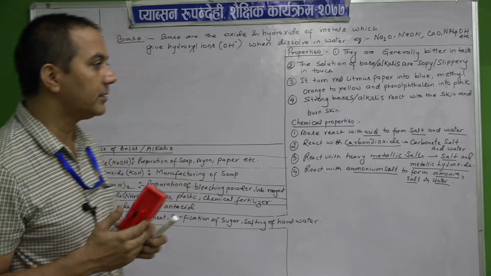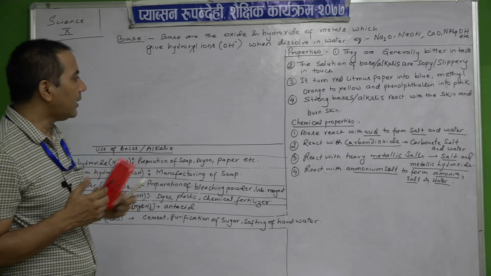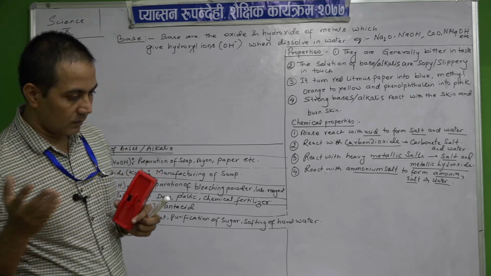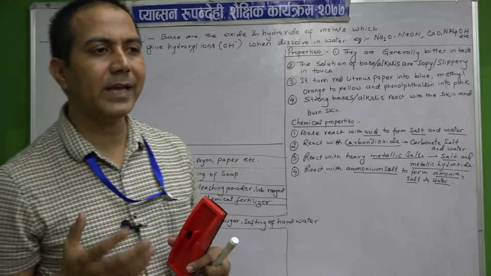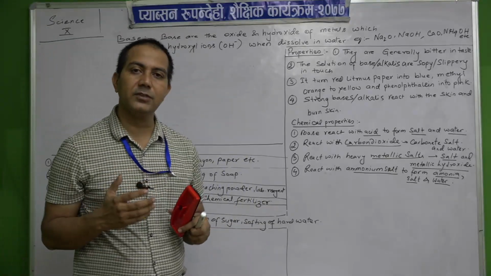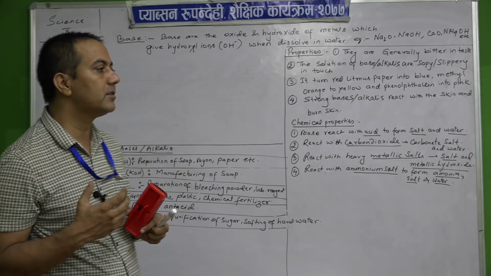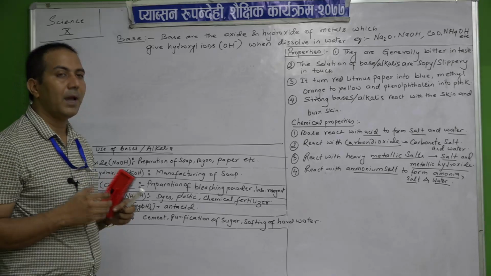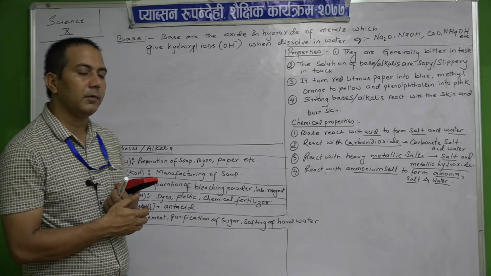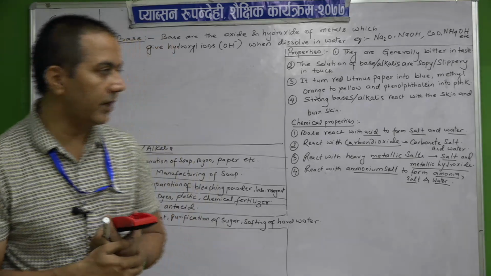So by that we can say it is a base. The next one is that strong bases, when they react with our skin, burn it. Acids also burn our skin and bases also burn our skin.